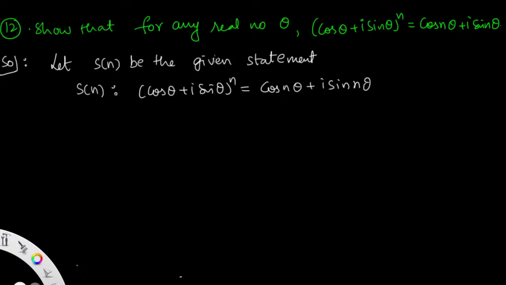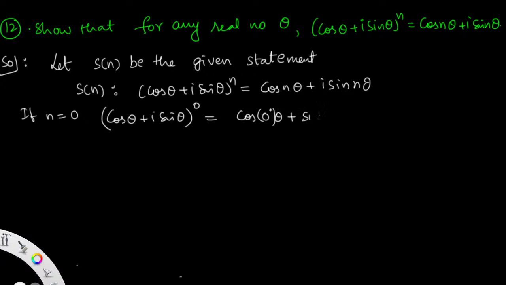Now, n should be an integer, which means you should take 0 also and prove it. First, don't take n equal to 1 directly. First n equal to 0 also you have to check. If n equal to 0, then (cos theta plus i sin theta) to the power of 0 equals cos 0 theta plus i sin 0 theta.